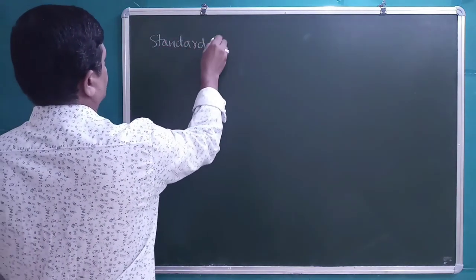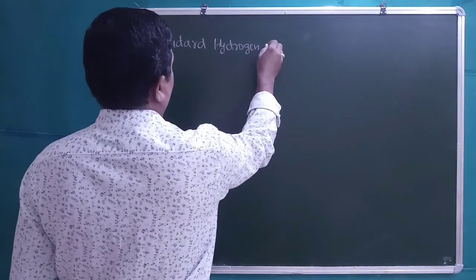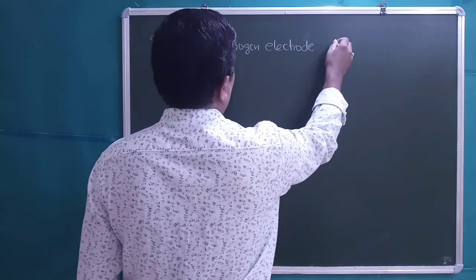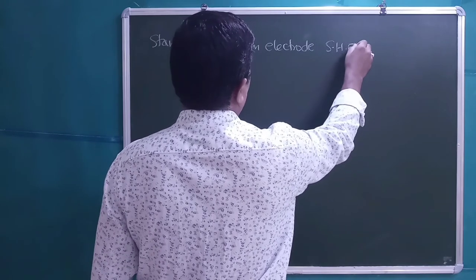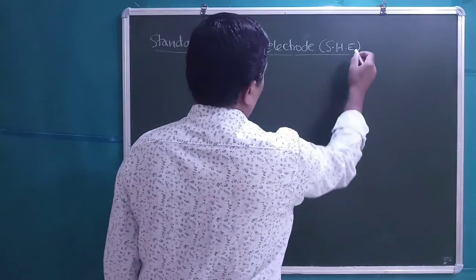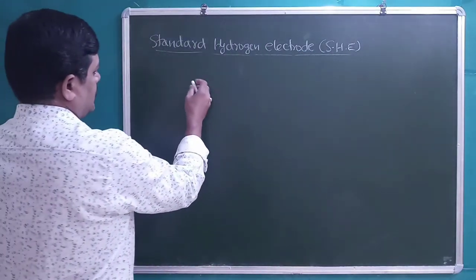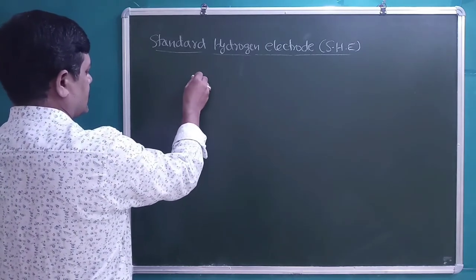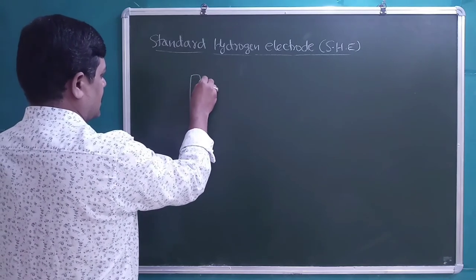Standard hydrogen electrode. Students, in short it is known as SHE, standard hydrogen electrode. It is also known as the normal hydrogen electrode. The standard hydrogen electrode will be like this.